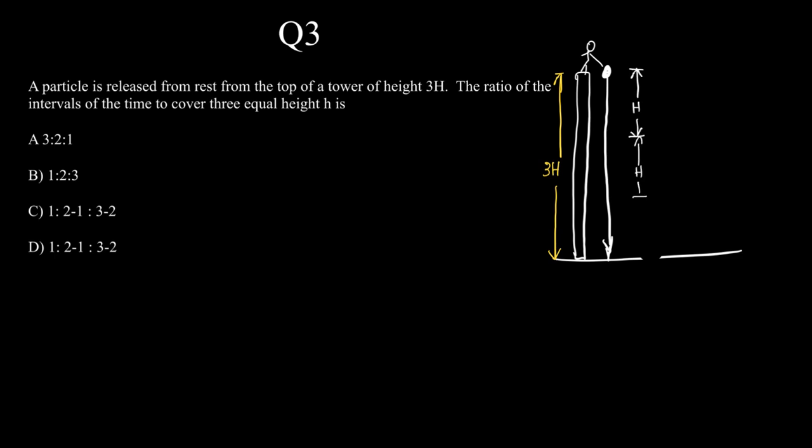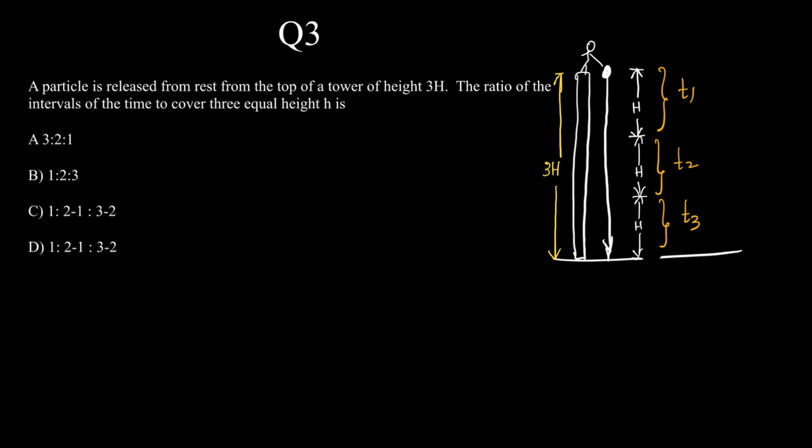Say this is also h, and say this is also h. So let us assume that this much distance h, the first 1/3, was covered in time t1, the second 1/3 was covered in time t2, and the third 1/3 was covered in time t3.